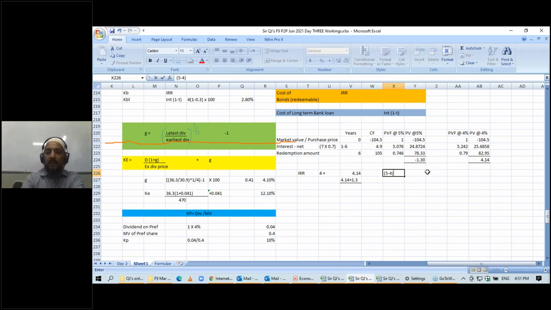So this gives you an internal rate of return which is equal to 4.8%. So that's your cost of debt.